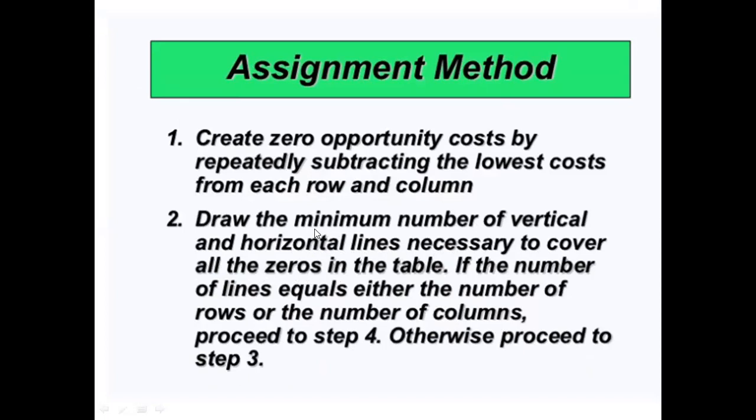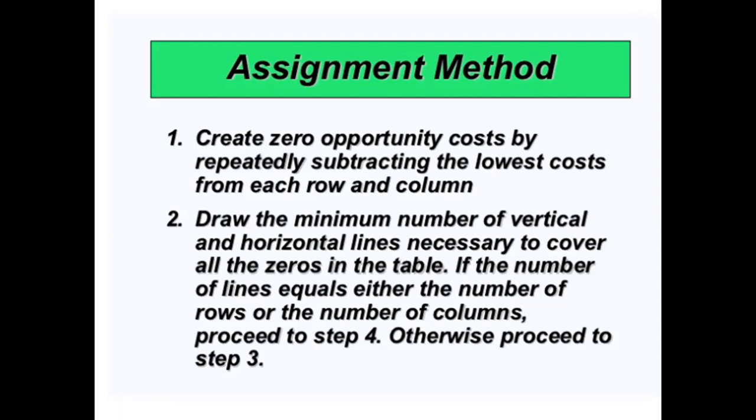So you have to remember that we only need as few lines as possible. It doesn't mean that we can make as many lines as we want, but we will try to cover all the zeros in the minimum way. So let's say if we make one line and it's already possible to cover all the zeros, we stop at one line.